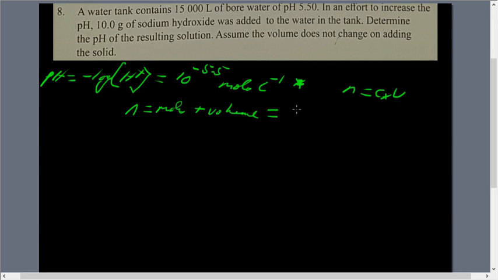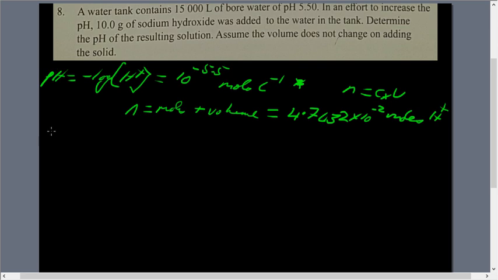When you put it through, you will find that we have something like 4.7432 times 10 to the minus 2 moles of hydrogen ion. Not that much when you think about the huge volume of the thing that's there.